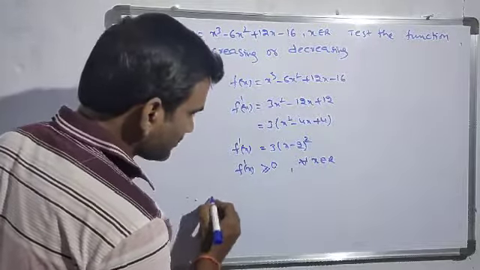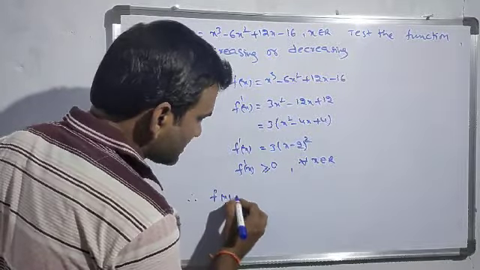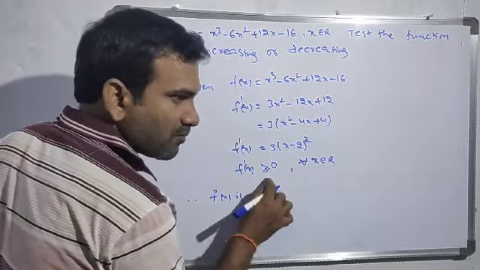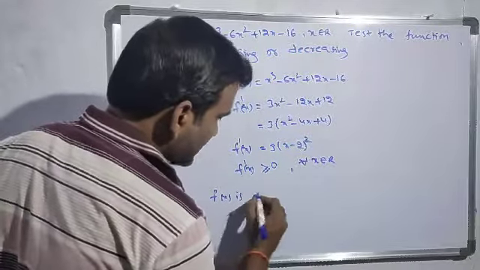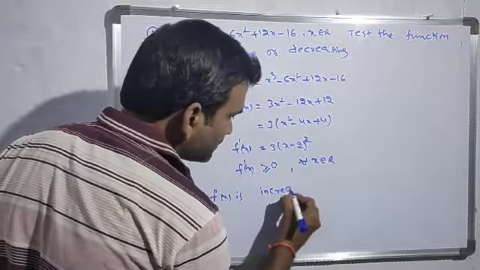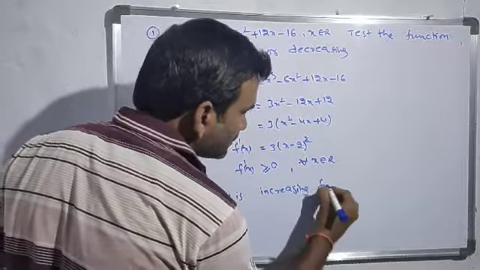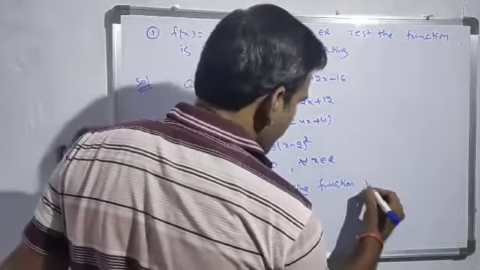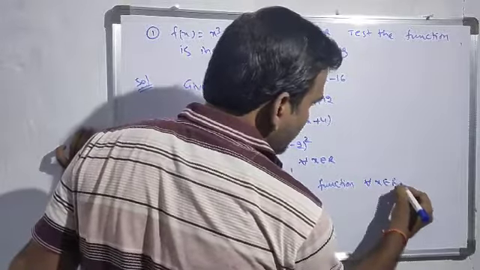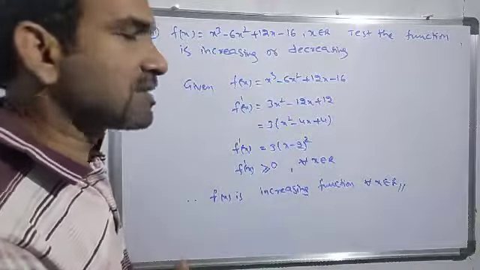Therefore, f dash of x is greater than or equal to 0, which means f of x is an increasing function for all x belongs to R. Okay, right. Our concept is completed.